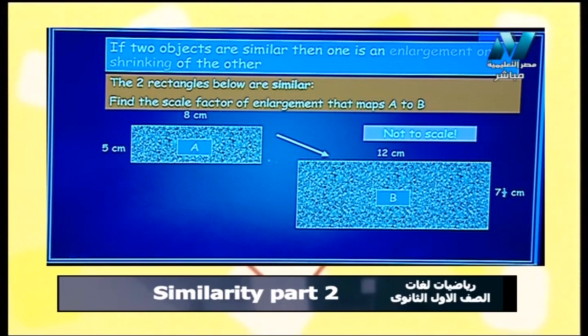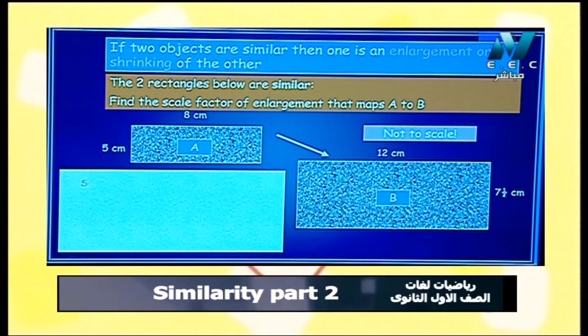Okay, let's go to the next slide. We have here two rectangles, rectangle A and rectangle B. We have this side equal to 8 centimeters and this side equal to 12 centimeters. We have here 5 centimeters and this width equals 7.5 centimeters.